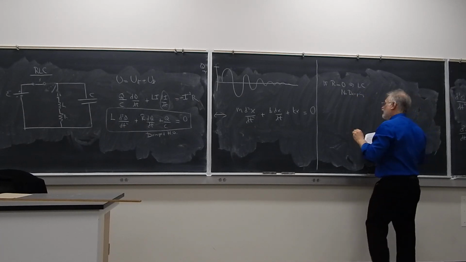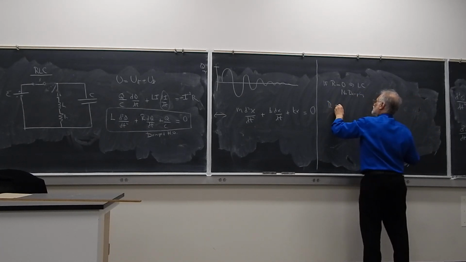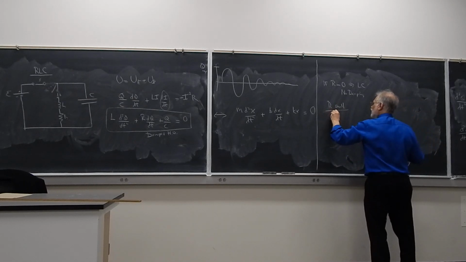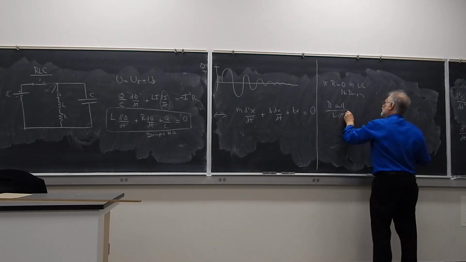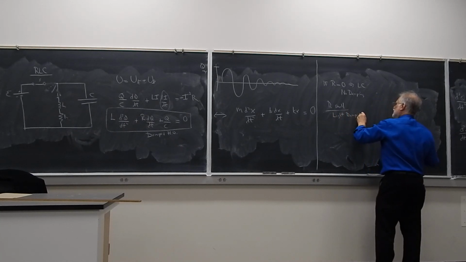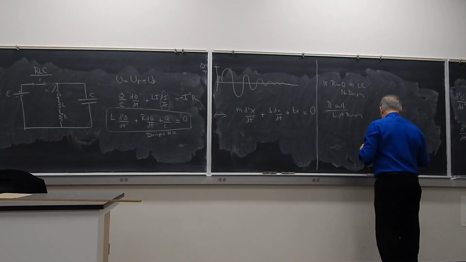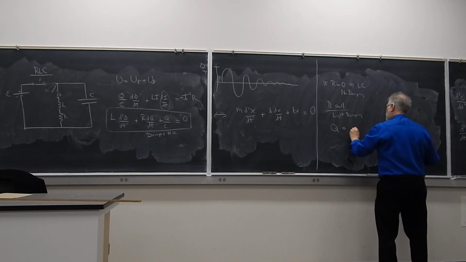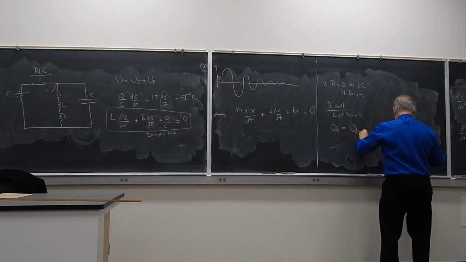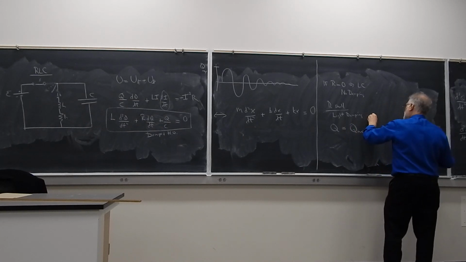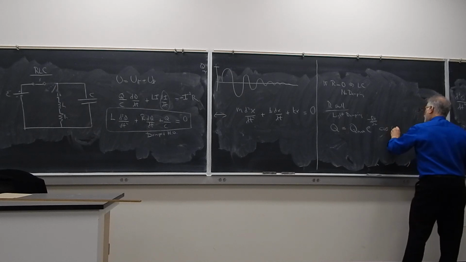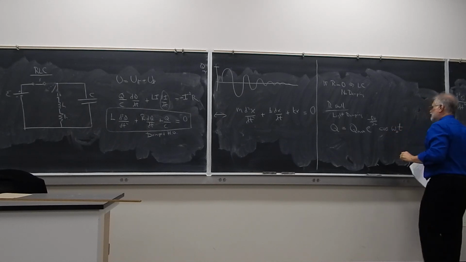On the other hand, if R is a small number, small resistance, we don't have much dissipation. This is what we would equate to a light damping situation in the harmonic oscillator. And so what we would find is that I could write my charge at any time as Q max times e to the minus Rt over 2L times the cosine of omega damping times t.